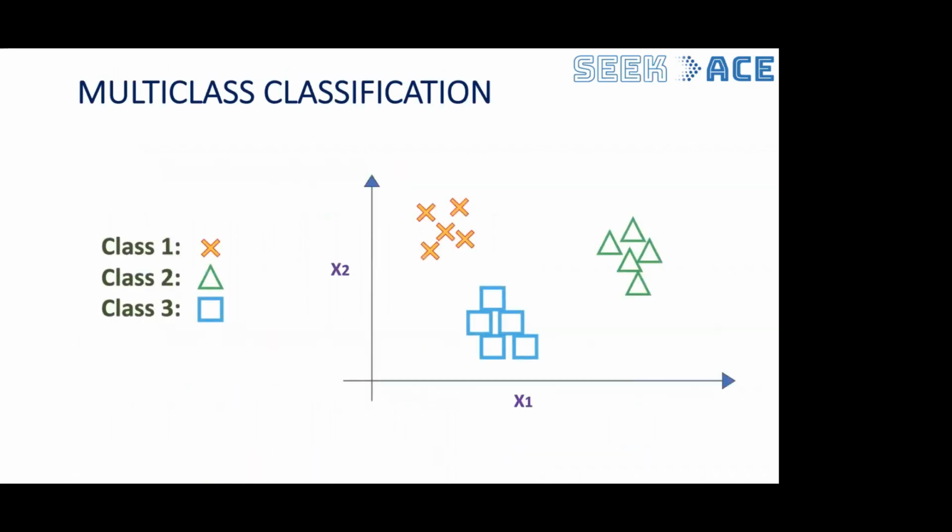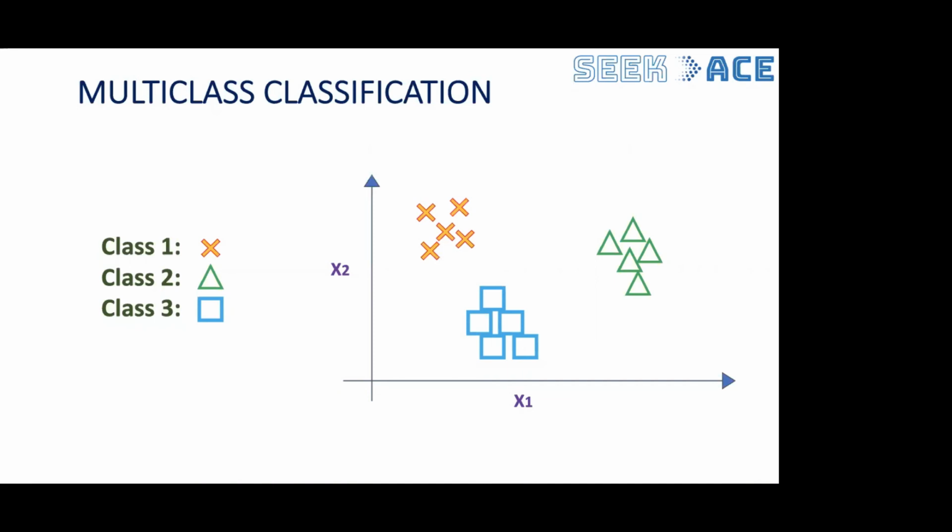So let's say you have a shape classification, and in a grid space they are concentrated in different areas, and then you can decide, for a given set of feature variables, whether it will be a cross, rectangle, or triangle.